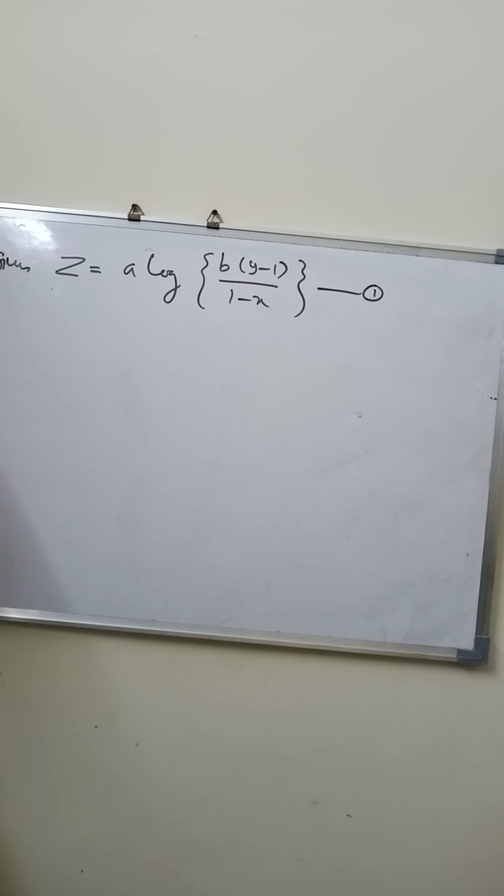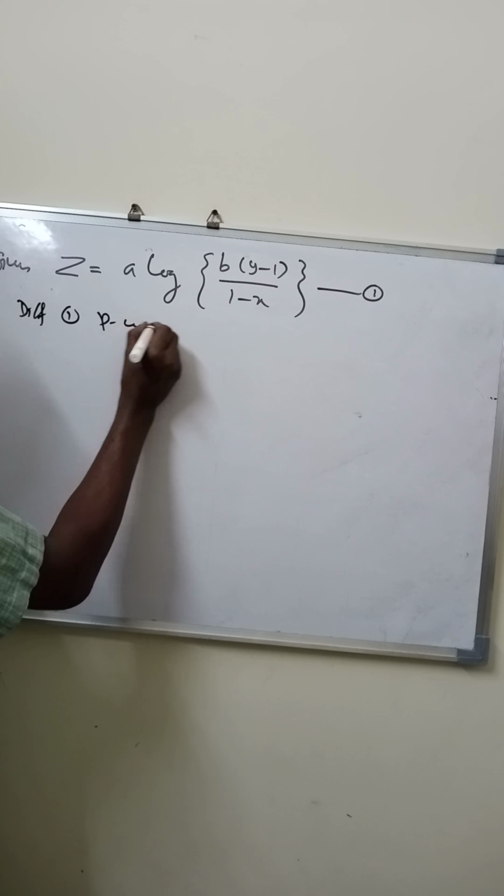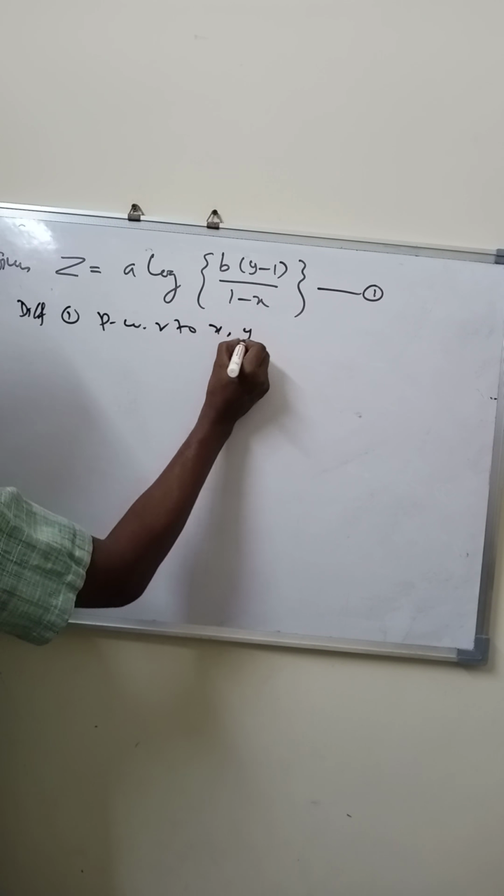Here the number of independent variables is 2, the number of arbitrary constants is 2. That means the process of elimination should give a first order partial differential equation. Now differentiate 1 partially with respect to x and y.